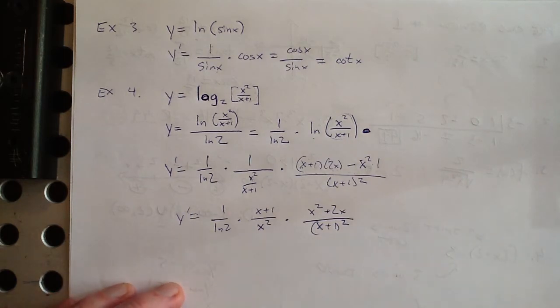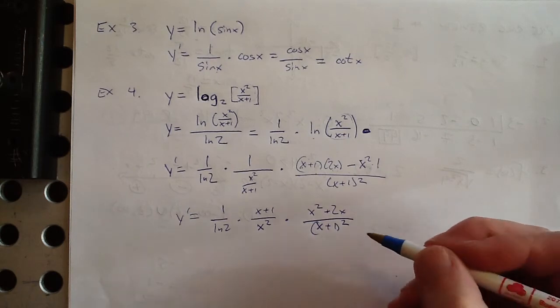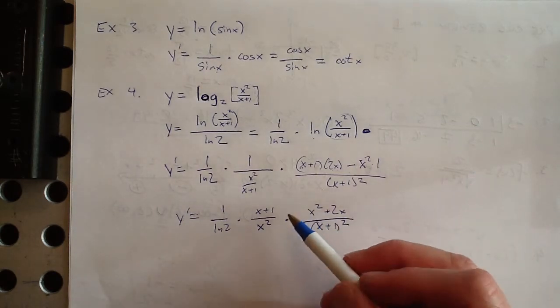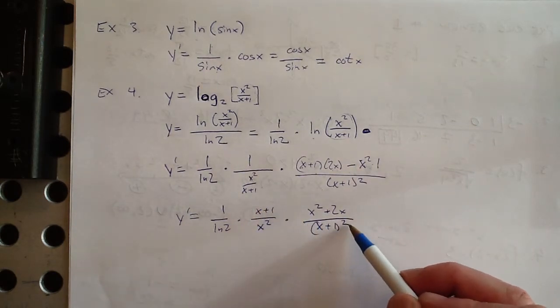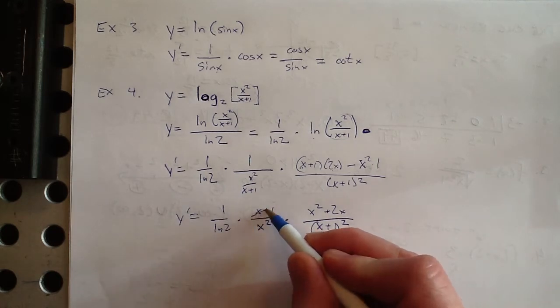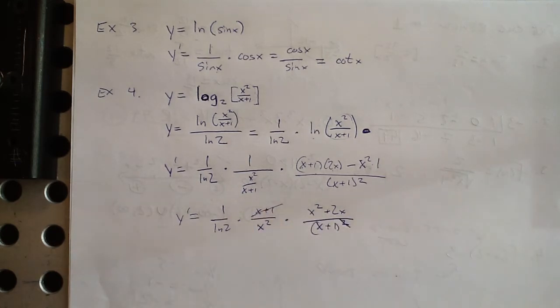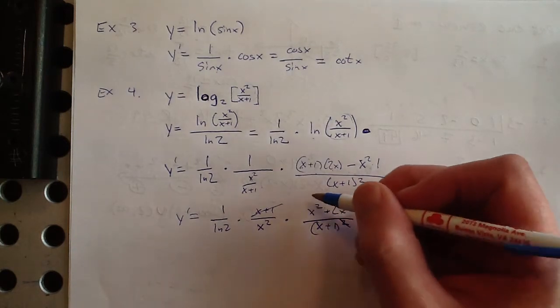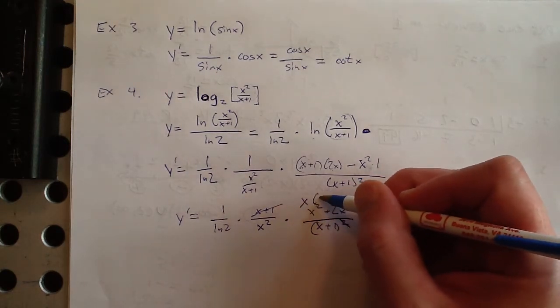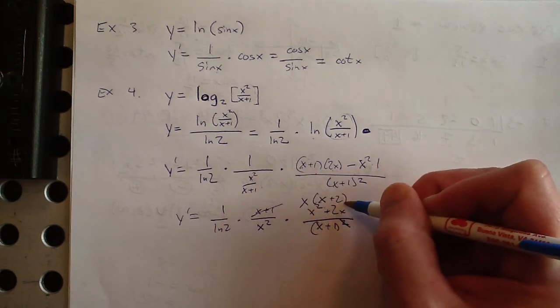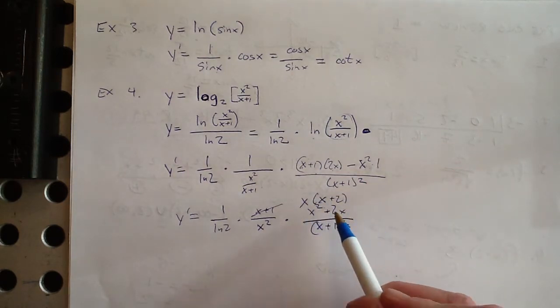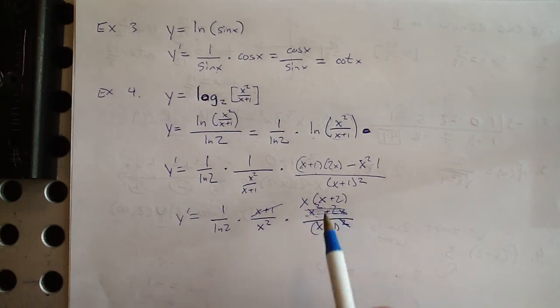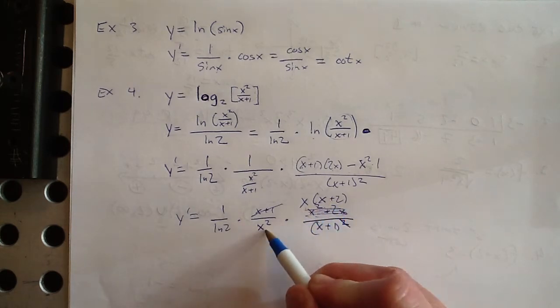Okay, and then we could look for a little bit more simplifying to do if we wanted to, and I will in this one go all the way. So I've got an x plus 1 here, and I've got x plus 1 squared here. So that could cancel with one of those. And then here, x squared plus 2x, there's an x that could be factored off of that. So that's x times x plus 2. I'll write it in its factored form. And then notice I have an x here and 2x's here.